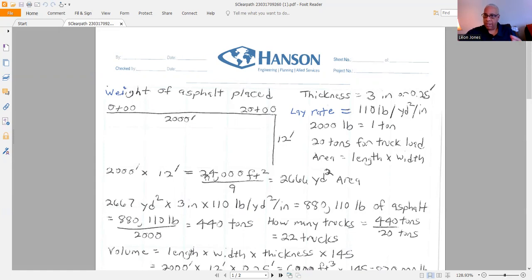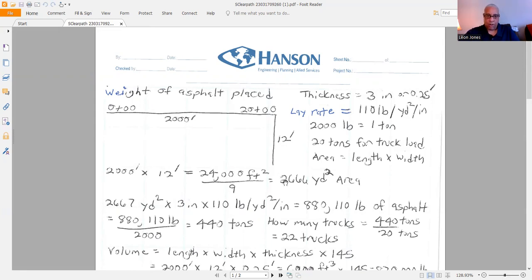Now, when we deal with area, we deal with square yards. So we divide by 9 square feet to a square yard. Once I divide by 9, I come up with roughly, and this is whole numbers, 2666.